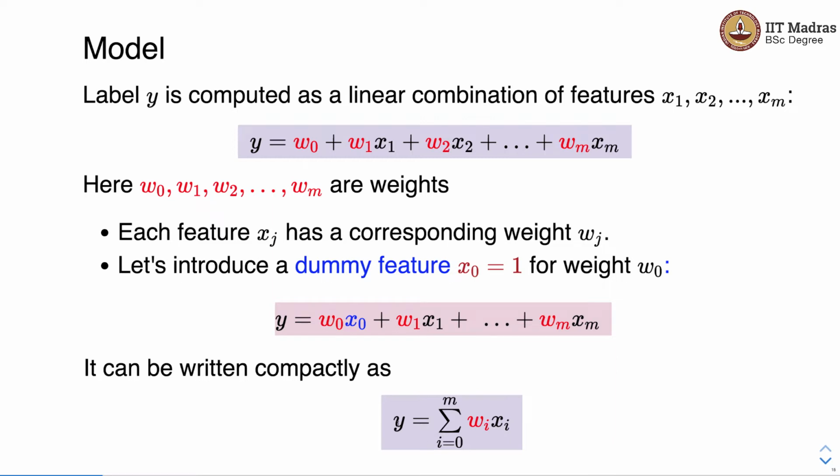So y is equal to the sum over all m features of wi xi. So it's a linear combination of features. This is how we can compactly represent the model, and you will see that this compact representation will help us in vectorizing this particular computation for efficiency purposes.